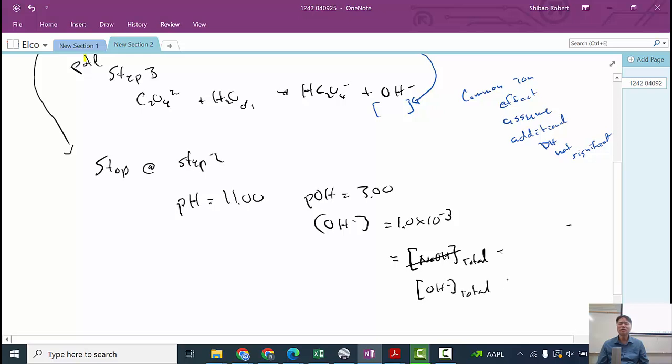And the total hydroxide is equal to the excess sodium hydroxide plus the hydroxide generated from Kb, the weak base, plus hydroxide generated from water, so from Kw.